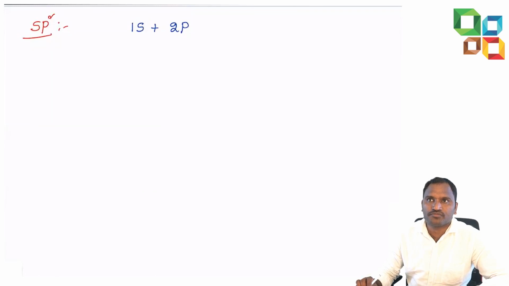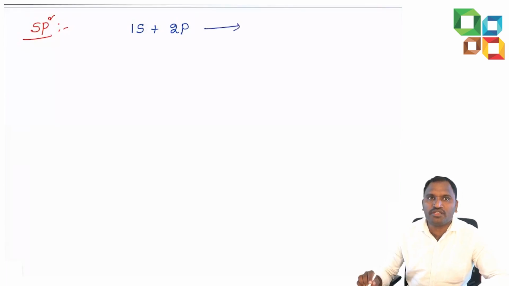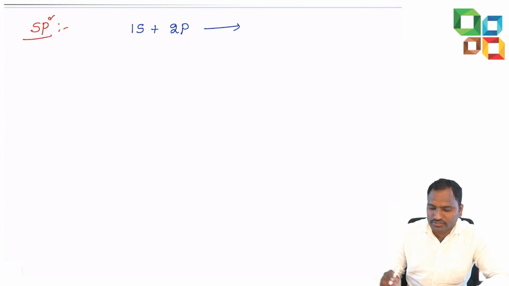One s orbital and two p orbitals intermix to form how many hybrid orbitals, students? 3. Very good. Sandra, correct answer. 3 sp2 hybrid orbitals.